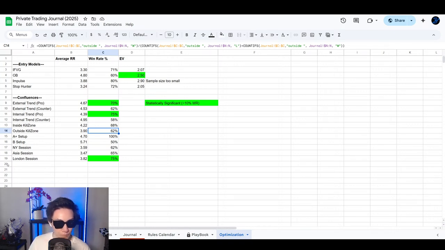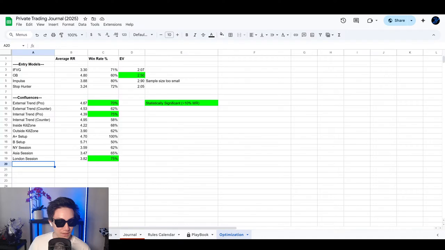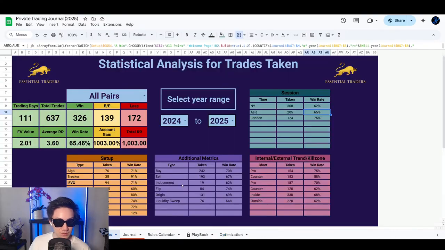But now that we have sessions, we can also optimize. For me, buy and sell is not really optimization. First off, from my data here, it's only a 3% difference in win rate, which is basically no difference. So to me, it doesn't actually mean anything.